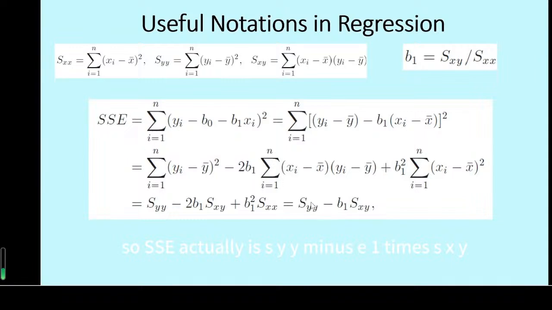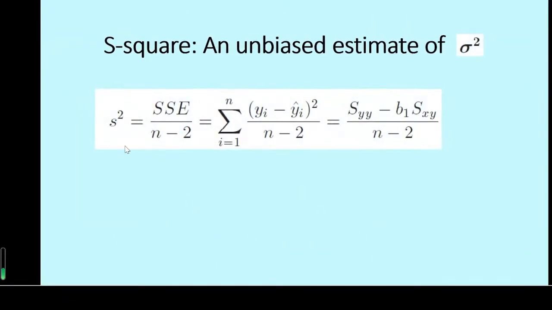SSE is actually SYY minus b1 times SXY. And s squared, which is SSE divided by n minus 2, is an unbiased estimate of the variance sigma squared.